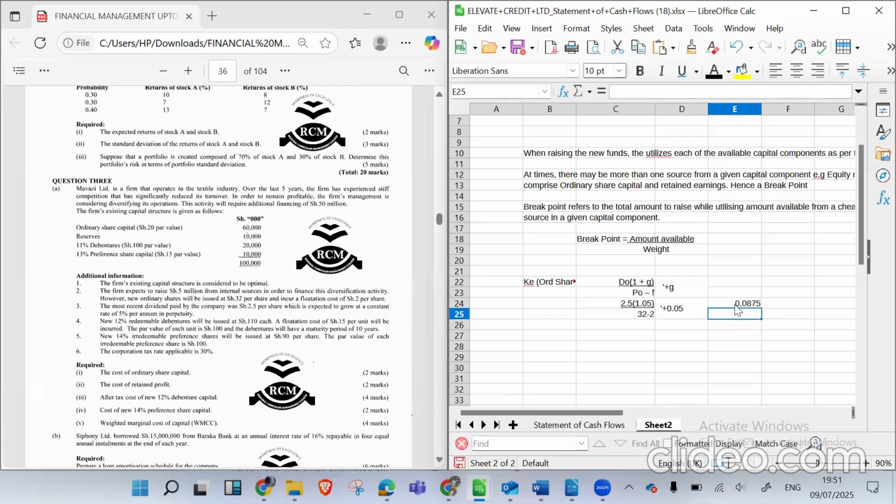So plus 0.05. 0.1375. So make it a percentage by multiplying by 100, so 13.75. So that is the Ke of ordinary shares.